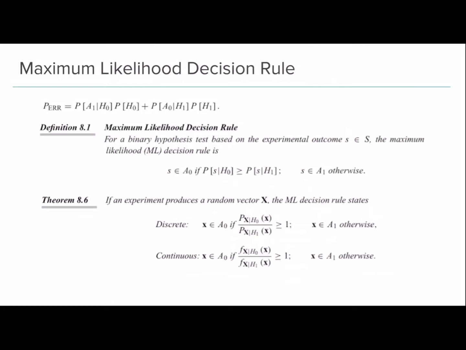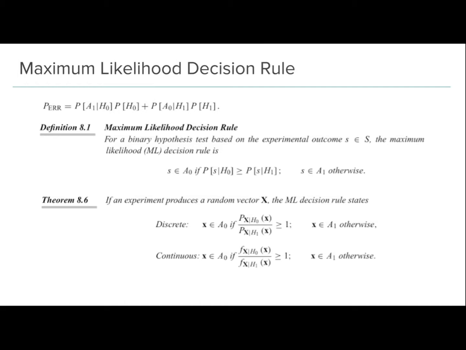So this simply conditions on the conditional probabilities, and it says that s will belong to A naught if P of s given H naught is greater than or equal to P of s given H1. So this is the same as the MAP test, and instead of the a priori probabilities P of H naught and P of H1, they're both equal in this, right?